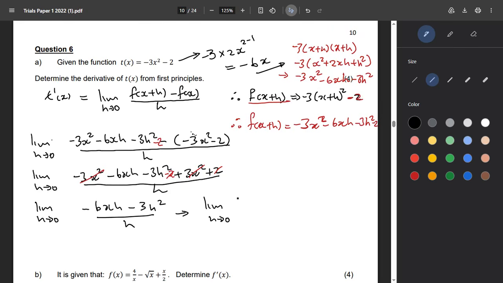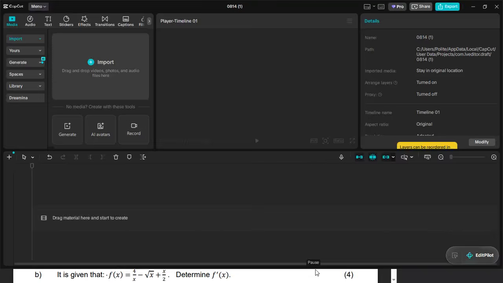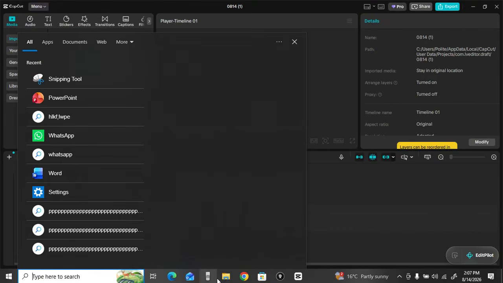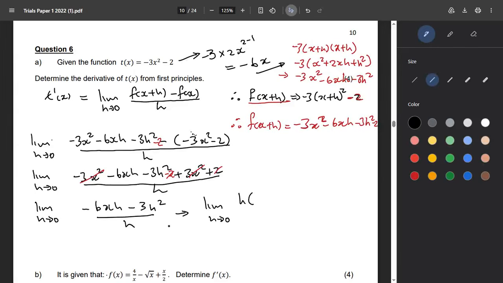I'm going to take h out as a common factor on top. When I take h out as a common factor, this leaves me with minus 6x minus 3h over h. So these two cancel. This leaves us with the limit as h approaches 0 of minus 6x minus 3h.